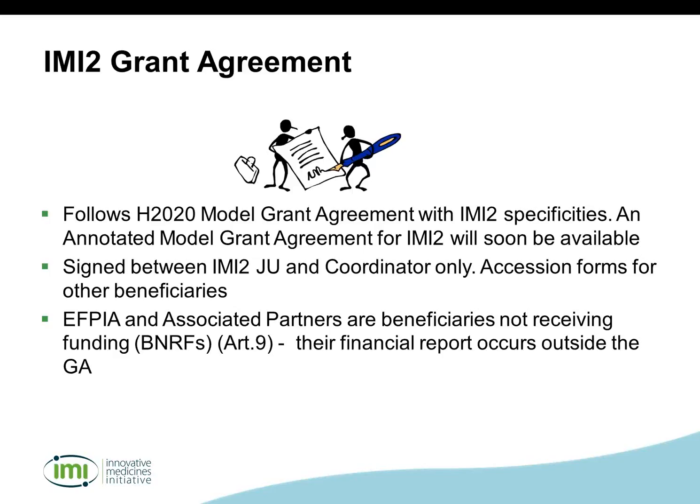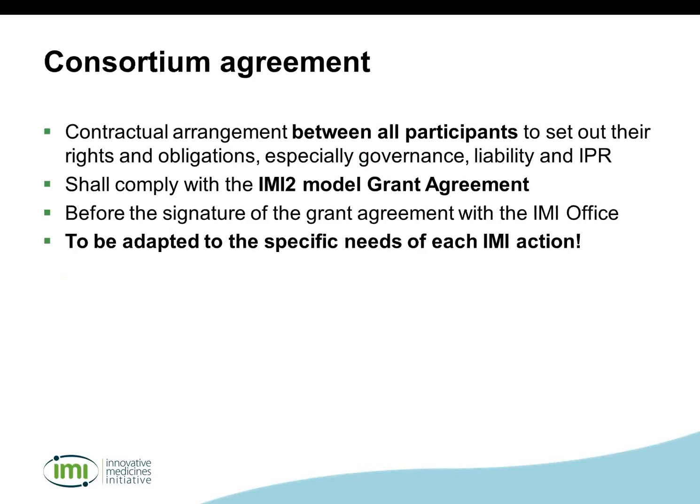The grant agreement is signed between IMI and the coordinator only, but all the other beneficiaries sign the accession forms. The FP and associated partners are listed in the grant agreement as beneficiaries not receiving funding, so Article 9, and their financial reporting is outside of the grant agreement, and this was already covered by Fabrizio a little bit earlier.